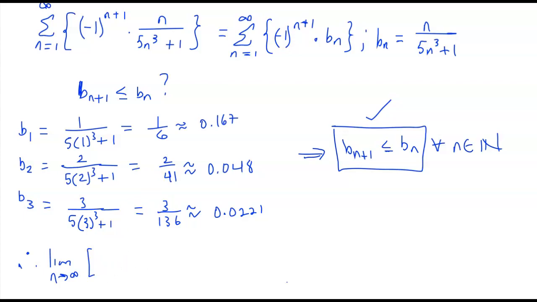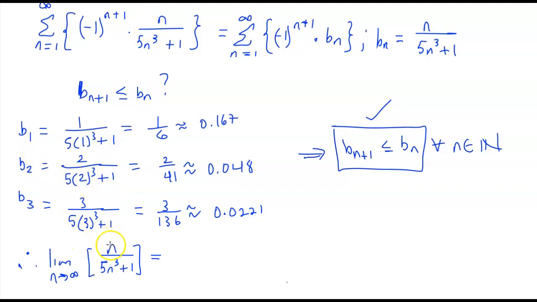And so our b sub n here is just going to be n over 5n cubed plus 1. And if the limit of this function as n approaches infinity, if that's what we're doing, again, is asking, do we have a horizontal asymptote for this?